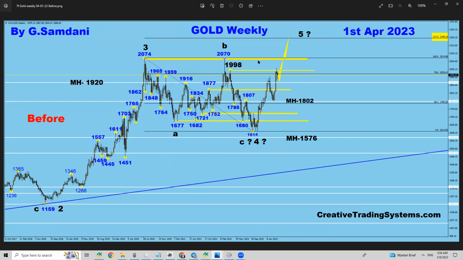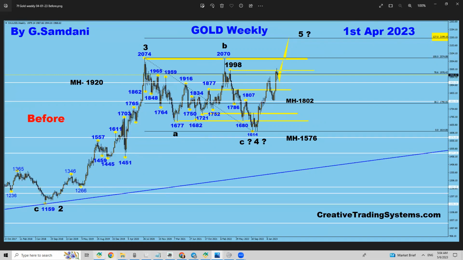First, we're going to hit this number and may drop. If we break this, then we go all the way to this area, 2199 for wave 5, and even higher. But this area was the concern at this point. On 1st April, I said we're going to go up from somewhere here and then hit that yellow band. After that, we will see what happens.